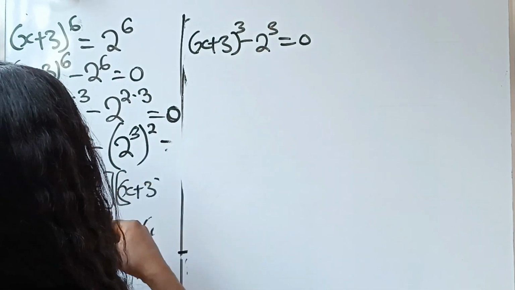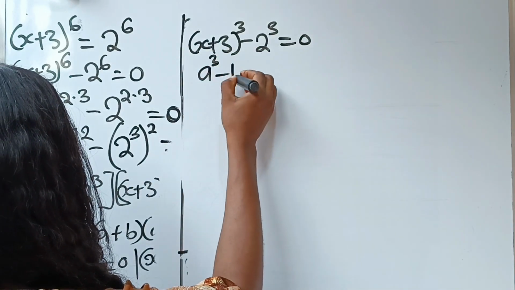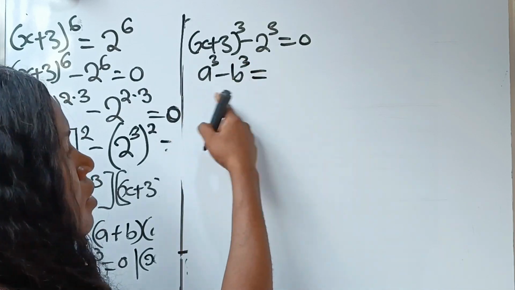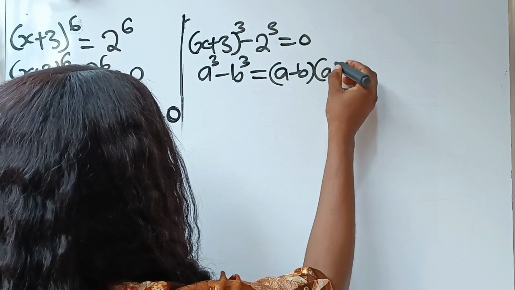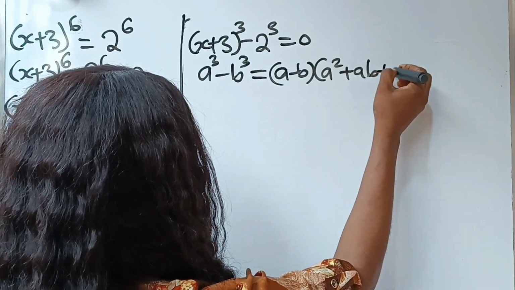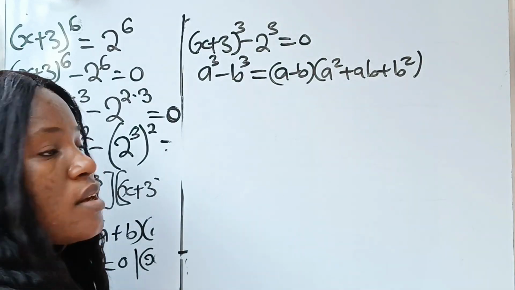Now here we can see a to the power of 3 minus b to the power of 3, and the algebra identity for this is a minus b multiplied by a squared plus ab plus b squared. So our a is x plus 3 and our b is 2.